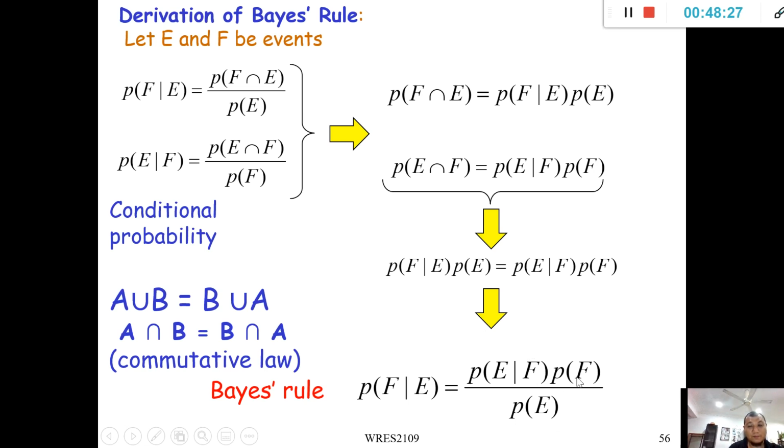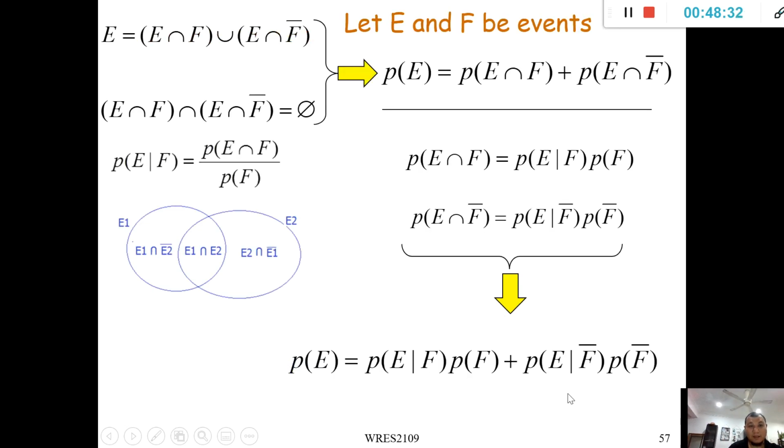Then you have an additional rule of Bayes' law: P(E) is equal to P(E given F) times P(F) plus P(E given F bar) times P(F bar).